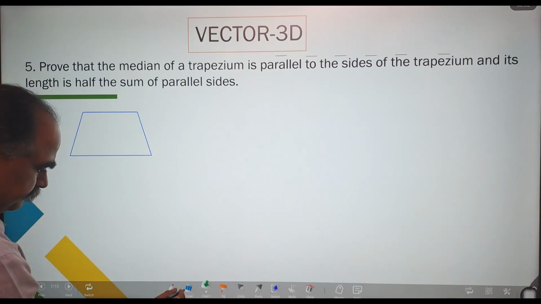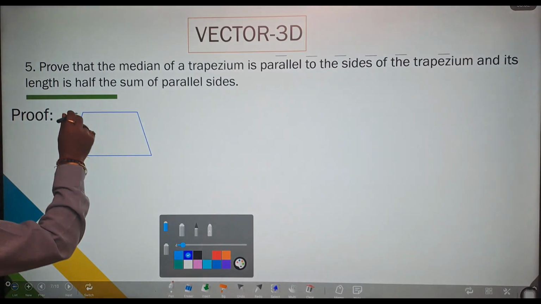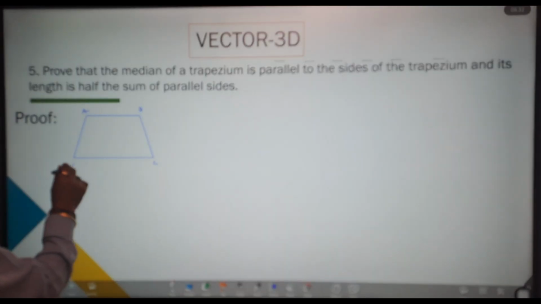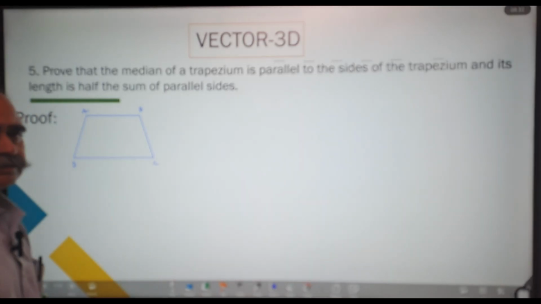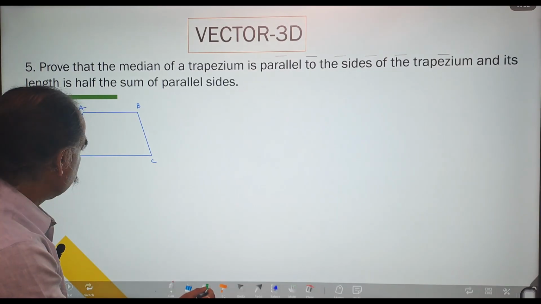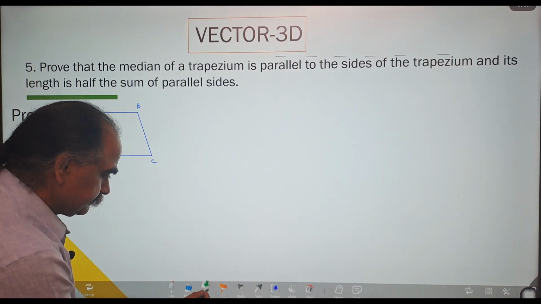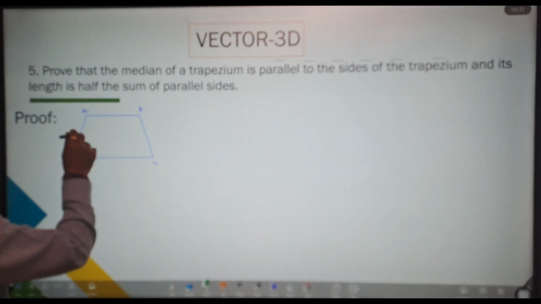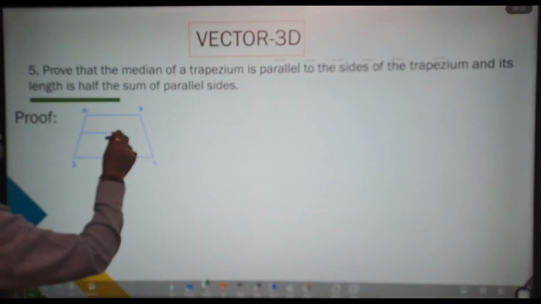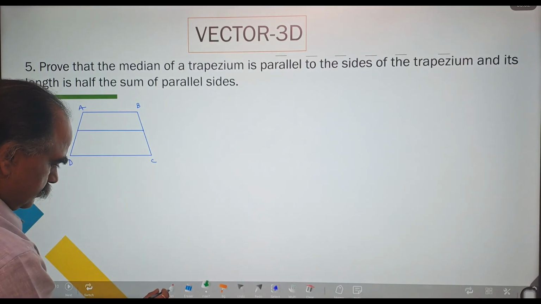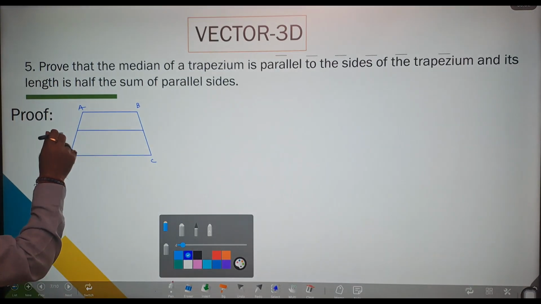This is trapezium ABCD. Median is what? The segment joining midpoints of non-parallel sides. We'll name these 2 points as E and F.